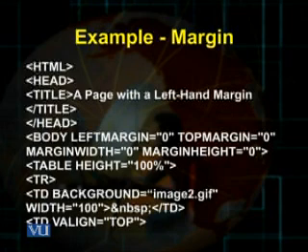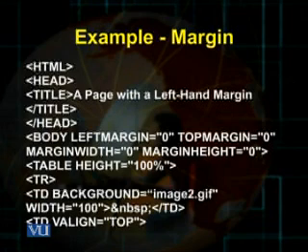In the first td, as you can see, I use the background attribute and I keep its value as image2.gif. Image2.gif, in fact, is that file name, that image which I want to appear in this particular cell, in this particular column.